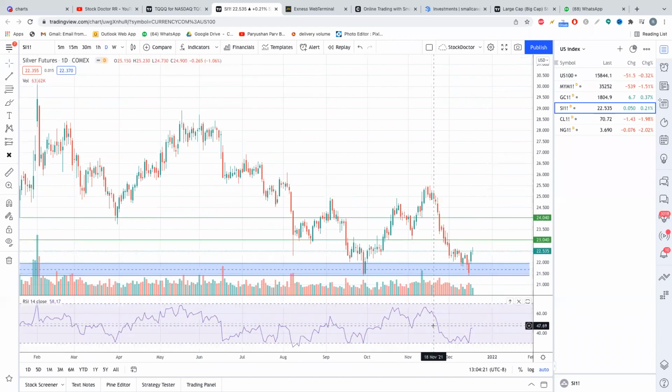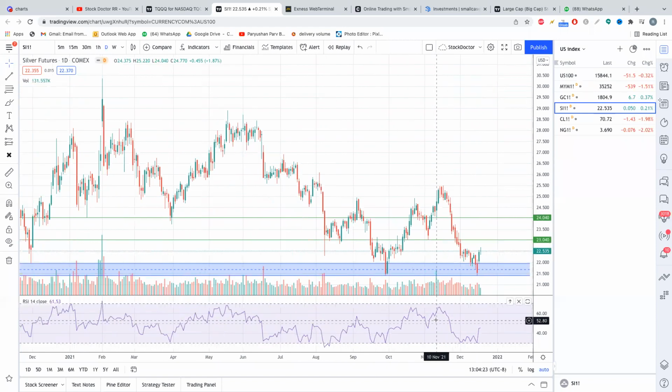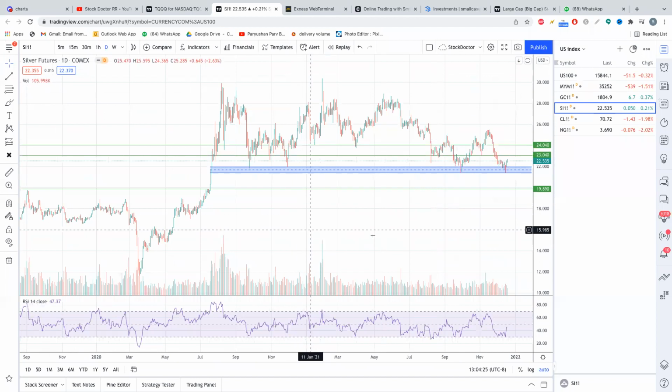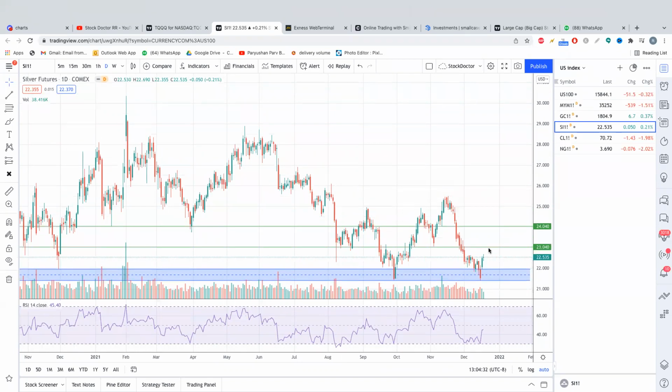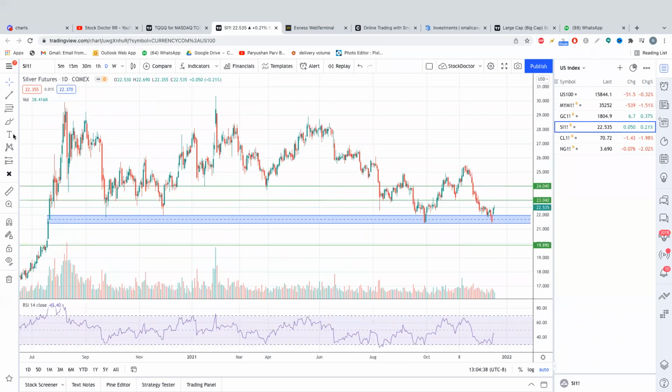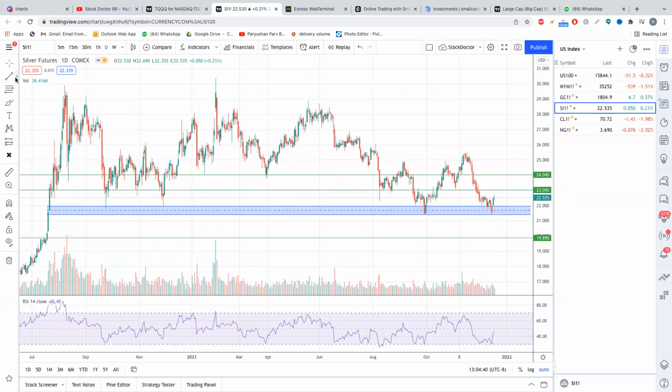But before we conclude that it is bullish, there are two things. First, it should start trading above $23. Then it can go back towards $24, and it will have bigger targets when it crosses this trend line.